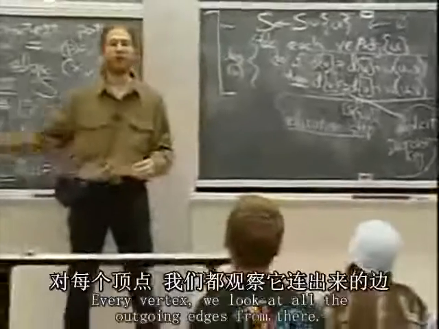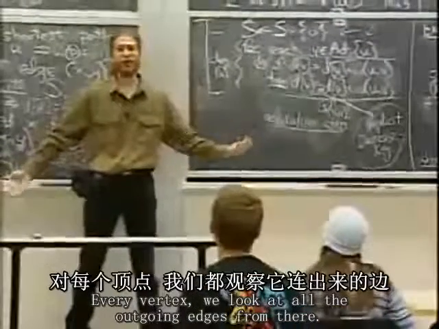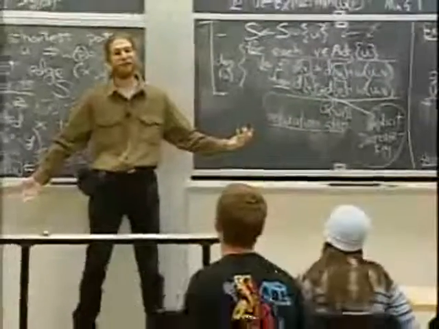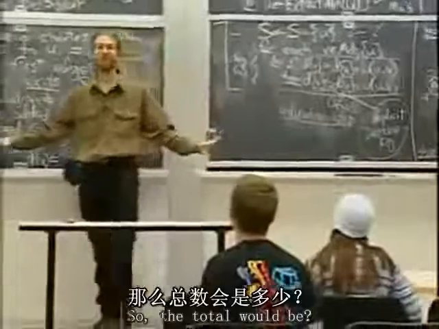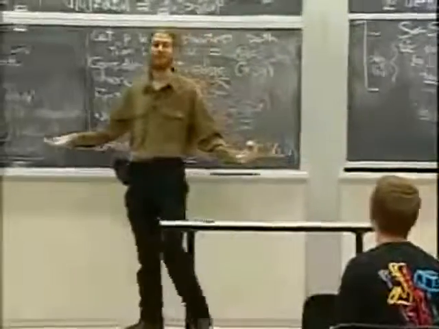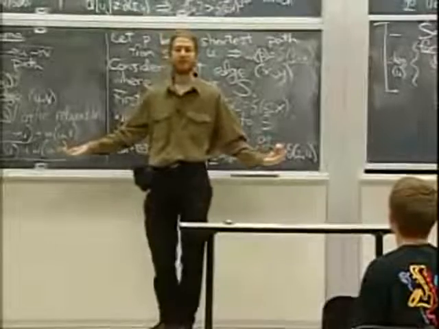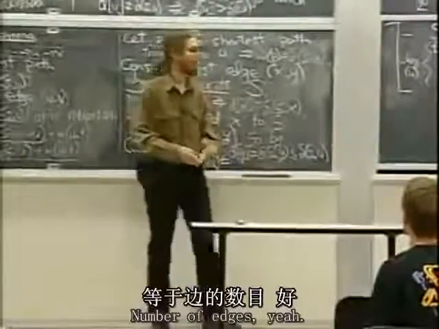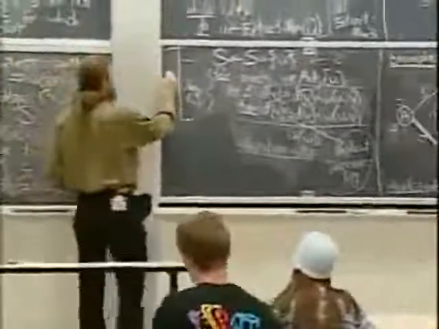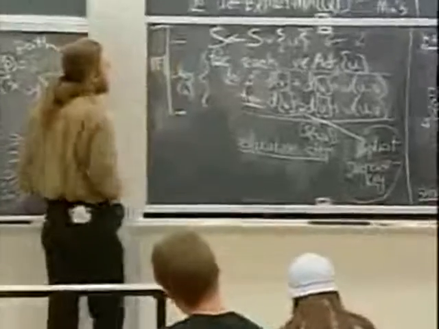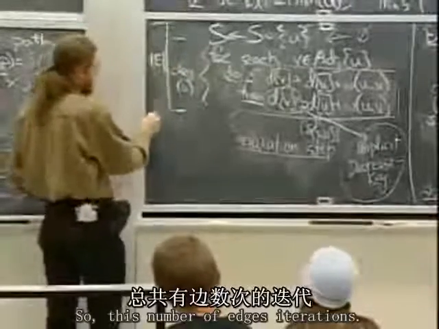For every vertex, we look at all the outgoing edges from there. So the total would be the number of edges, yeah. So this is number of edges iterations.